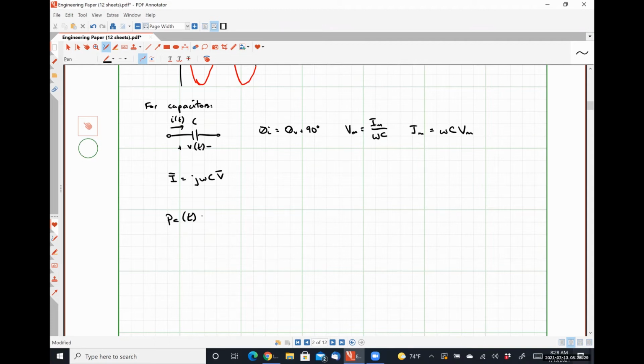So the instantaneous power absorbed by a capacitor is going to be 1/2 times the product of Vm and Im.